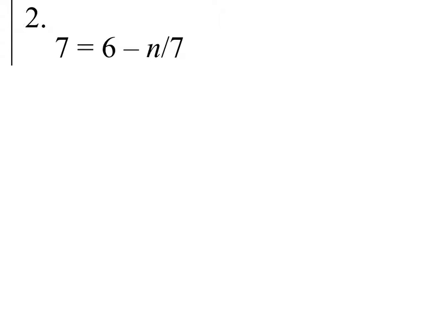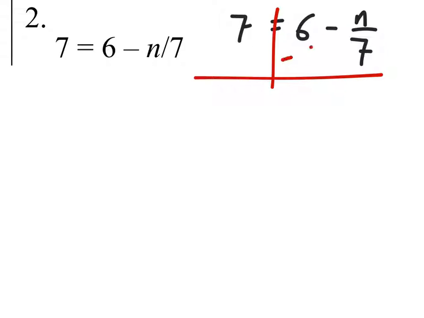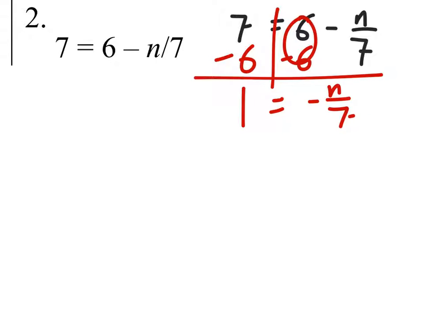All right, number 2, I don't really like this format. If you like it, that's okay, but I'm going to make this 7 equals 6 minus n over 7, like these. Well, if I can just have that negative n sevenths, then I need to get rid of the 6. So I'll make that a 0 by subtracting 6 from both sides. 7 minus 6 is a 1. This became a 0 pair right here, and we got negative n over 7. So this is where our inverse operations come in.